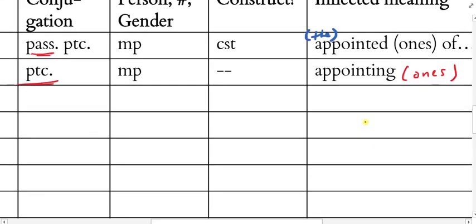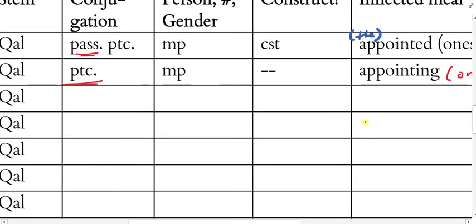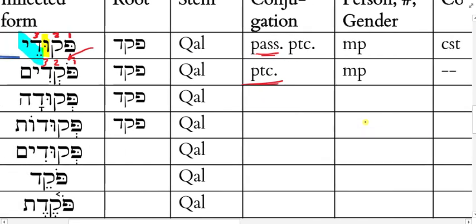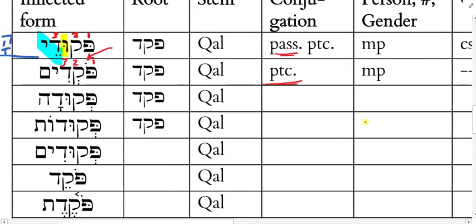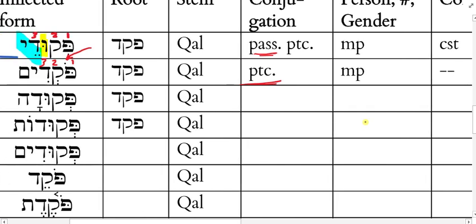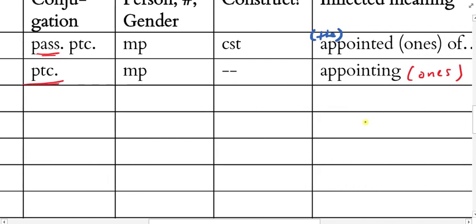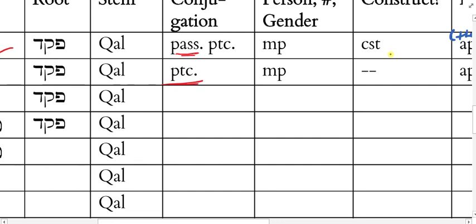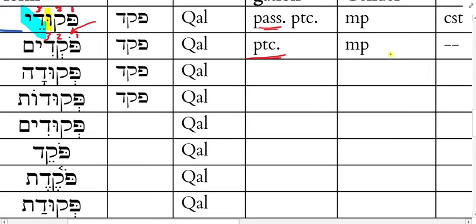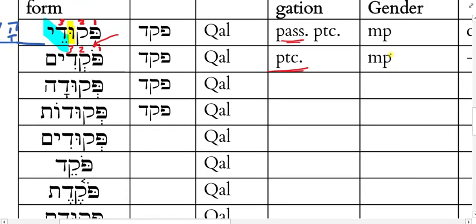So the idea is that whoever the participle is modifying, that person is doing the appointing. Over here in pakud, whoever that participle is modifying is not appointing, but rather was appointed by someone else, the appointed ones.